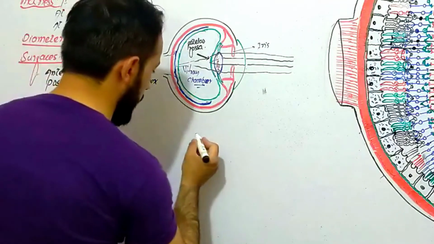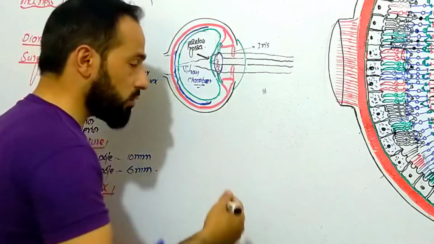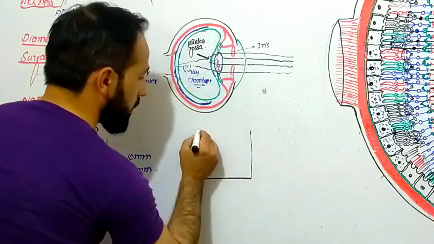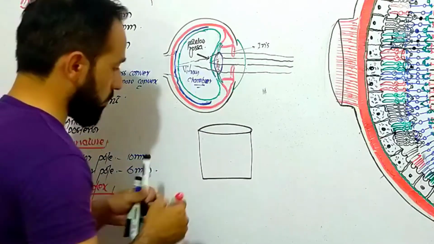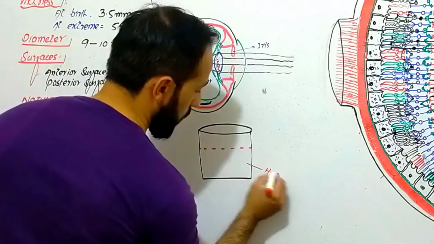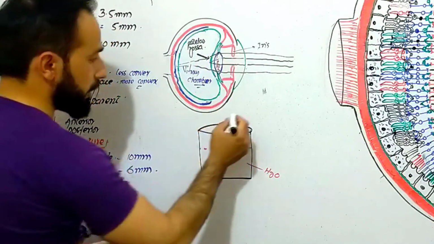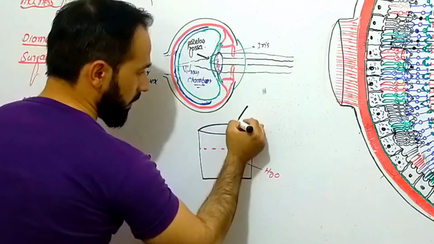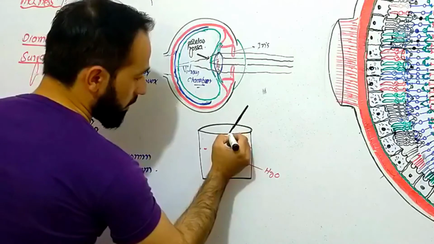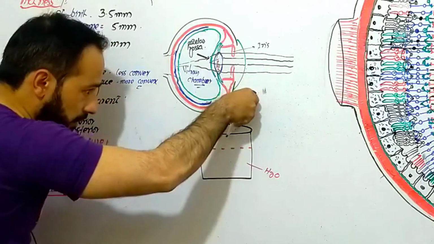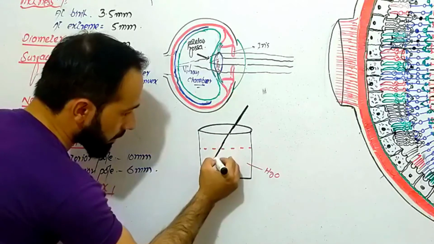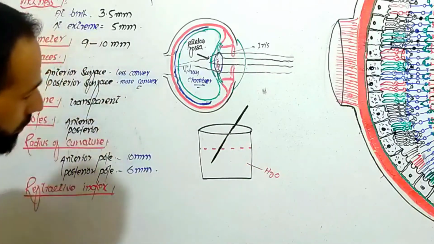For example, my dear friends, if you do this experiment at home, take a glass of water, here is H2O, and dip a pencil into the water. What do your eyes say? Your eyes will say that normally it should go straight.